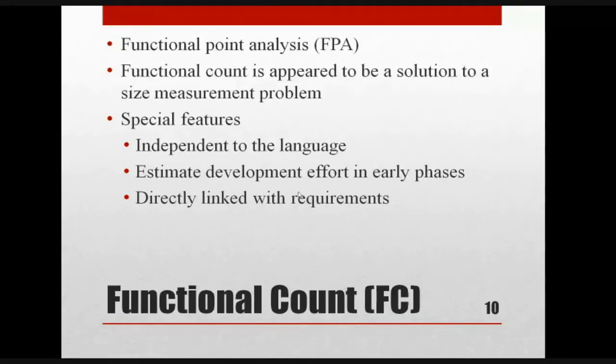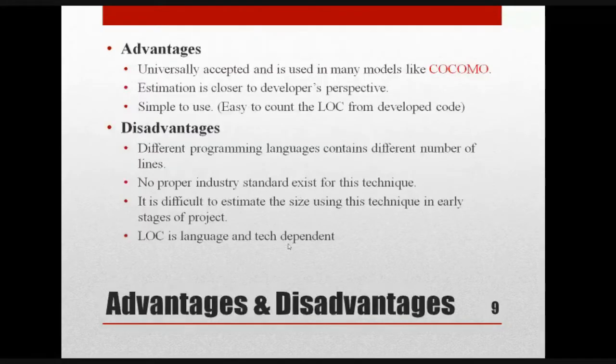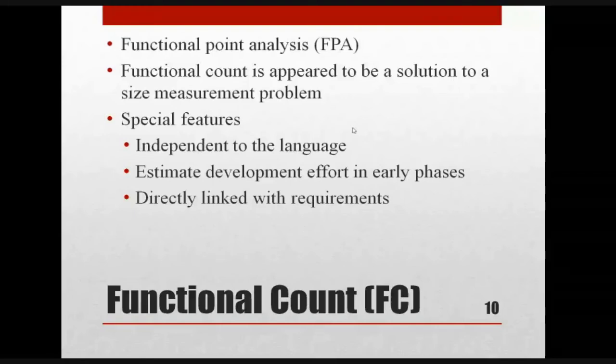Okay. So the functional count appeared to be a solution to the size measurement problem. What is the problem? These are the problems which we discussed in LOC. To overcome these difficulties, the disadvantages, we are going for functional point analysis. So what are the special features of functional point analysis? It is independent of the language.